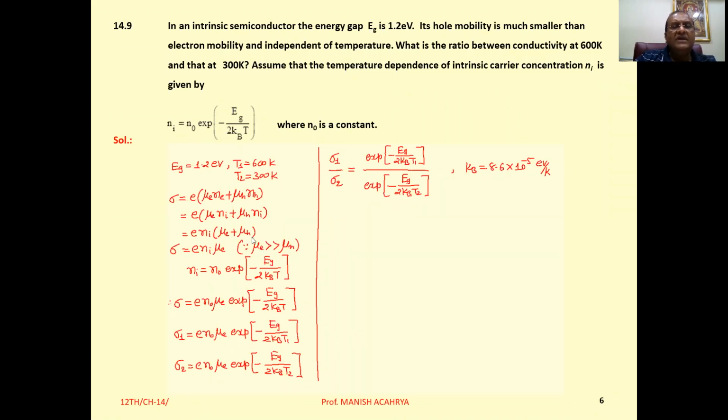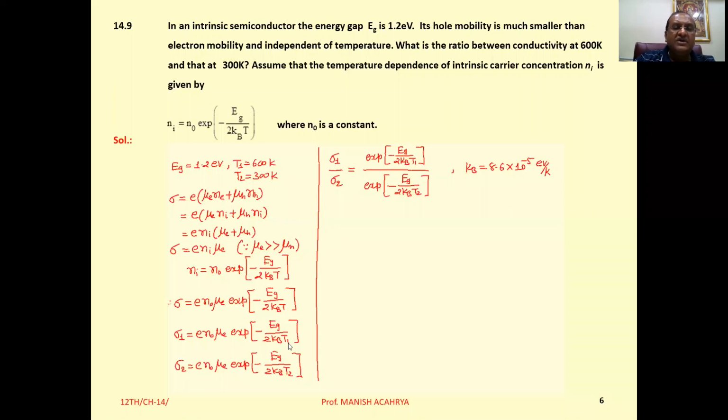So mobility of holes, this one is neglected. So we can write sigma, the conductivity, that is e Ni mu e. Now this Ni, that is equal to N0 exponential minus Eg upon 2 kBT. So sigma, that is e N0 mu e exponential minus Eg upon 2 kBT.